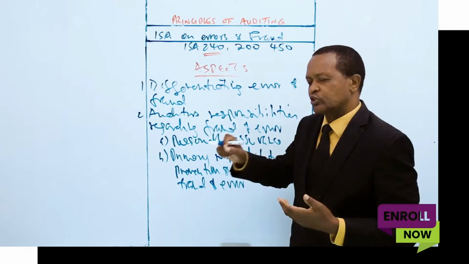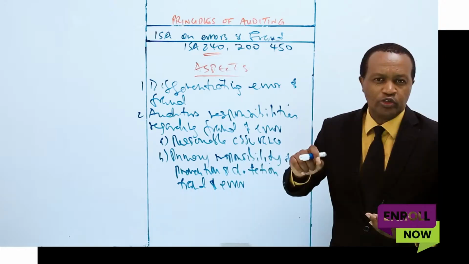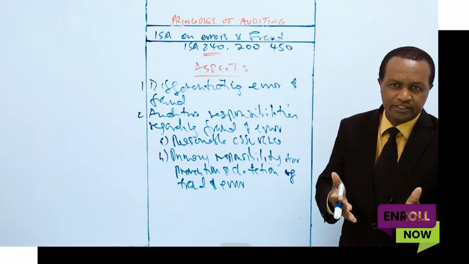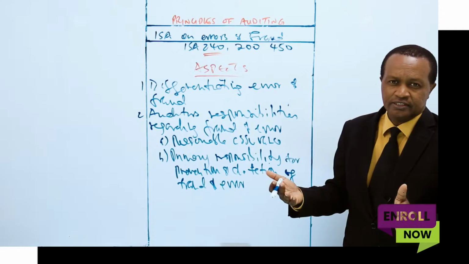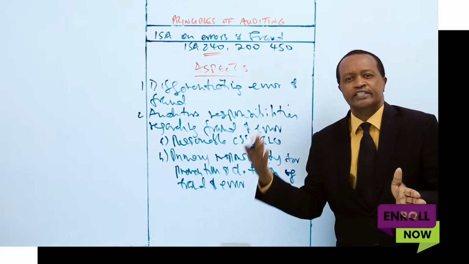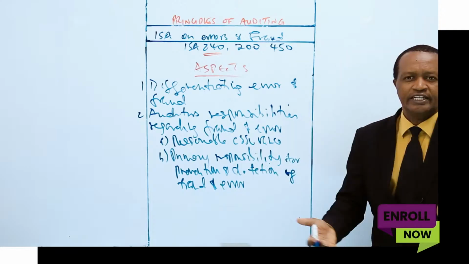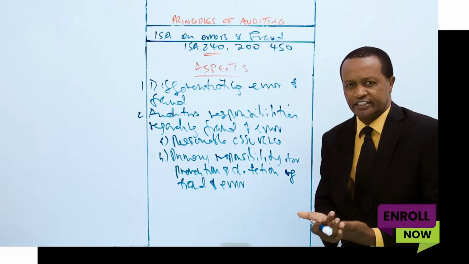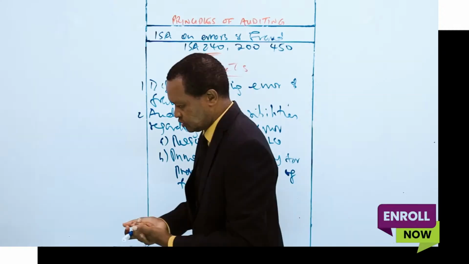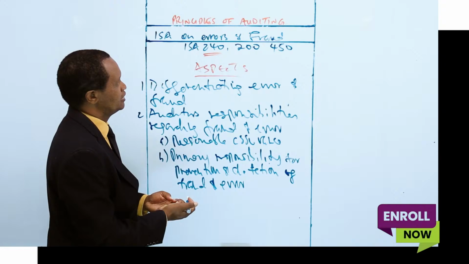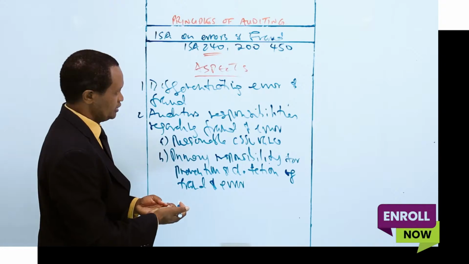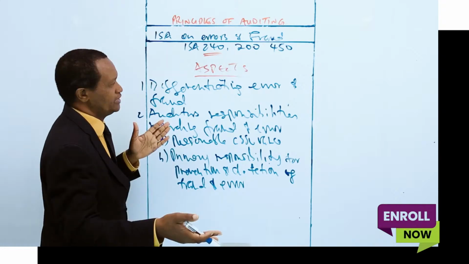Fraud, whereas, is an act by one or more individuals among management or employees involving the use of deception to obtain an unjust or illegal advantage. So that is standard 240. It differentiates error and fraud.